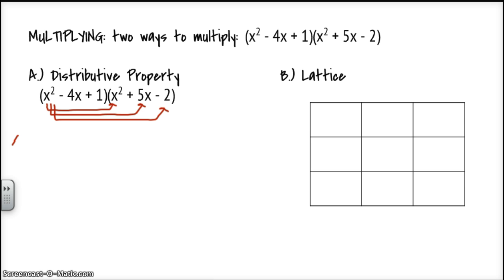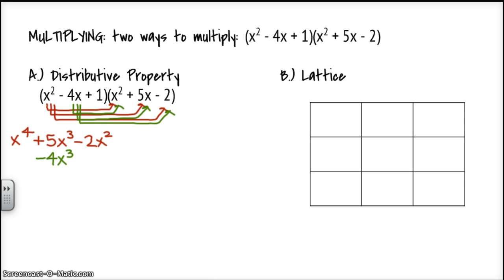x squared times x squared is x to the fourth. x squared times 5x is 5x to the third. x squared times negative 2 is negative 2x squared. Then negative 4x is going to get multiplied with everything in that second polynomial. Negative 4x times x squared is negative 4x to the third.